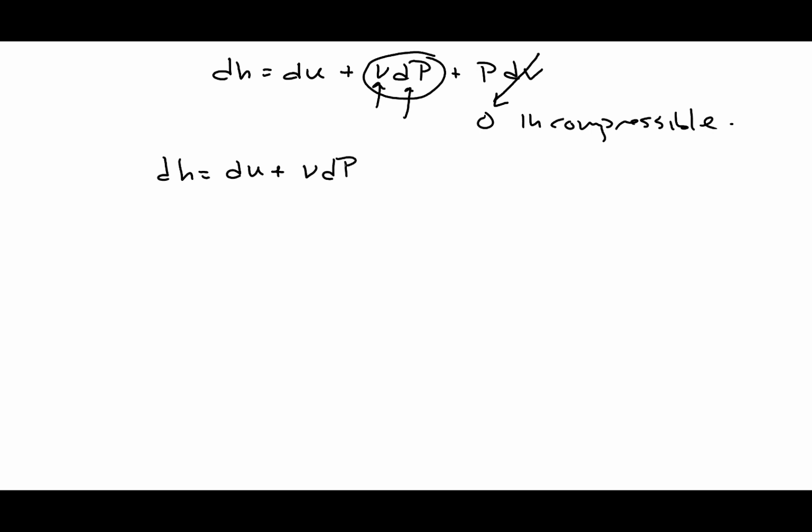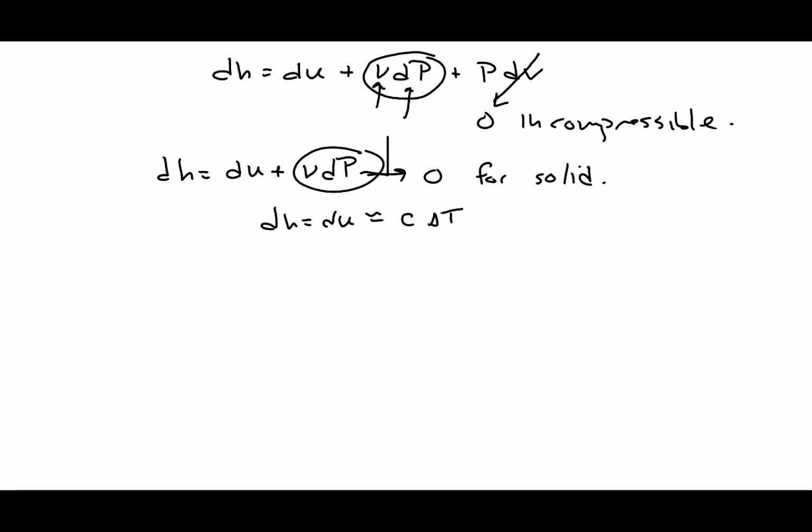Well, first of all, for a solid, this term is approximately 0. So for a solid, dH is equal to dU, so we just have what we had before, which is equal to C delta T.